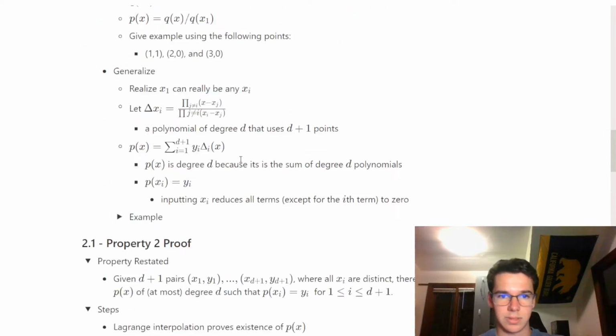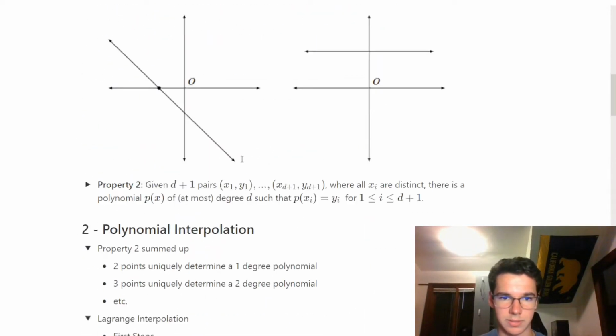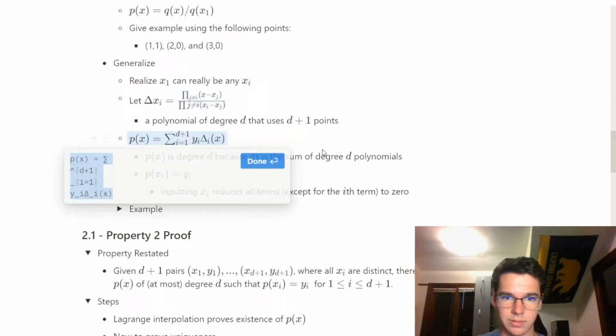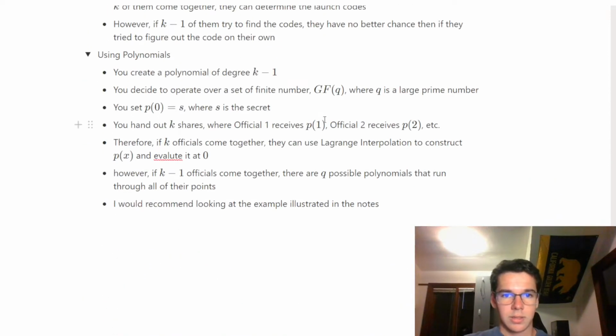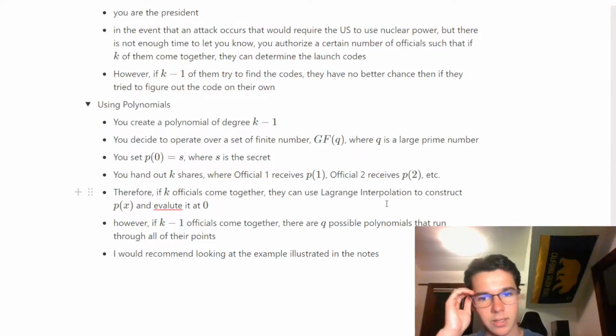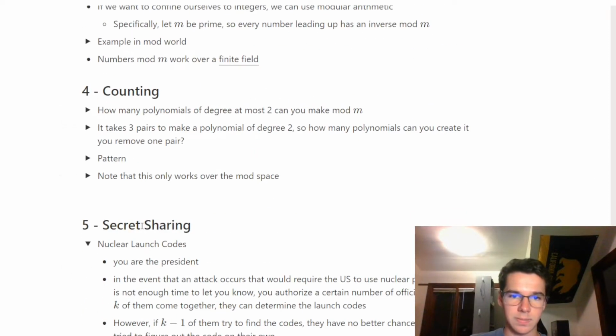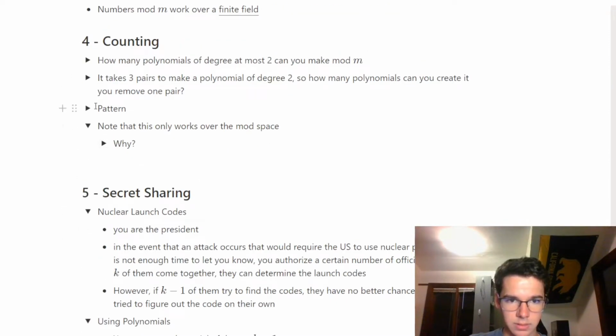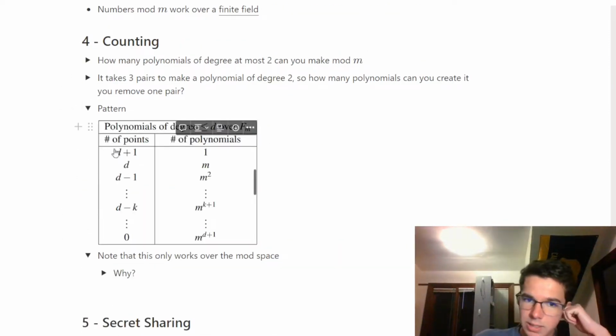So, if we remember, Lagrange interpolation used these two equations right here. And again, if k minus 1 officials came together, then as we saw in this part right here, only this would be k minus 1 in this case.